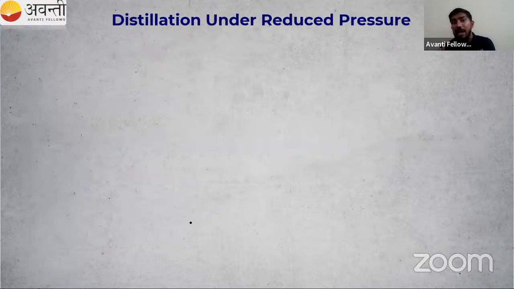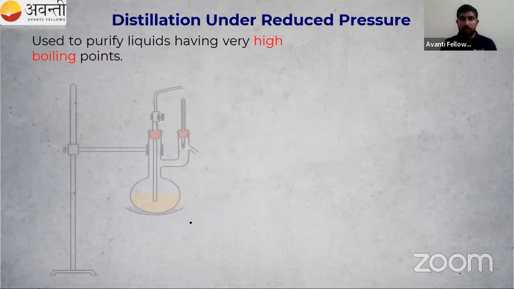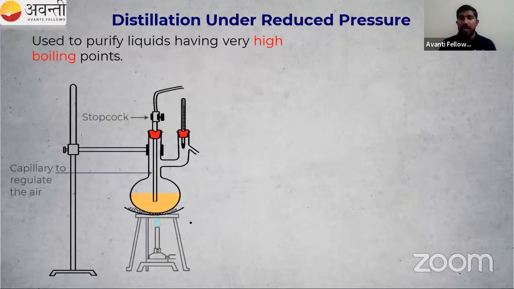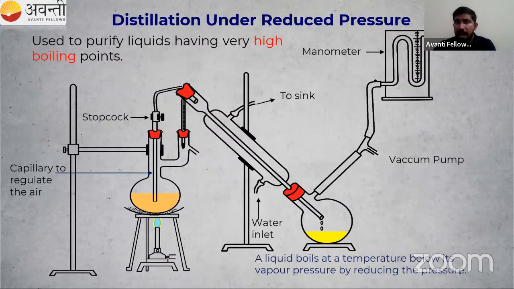So what is next? That is distillation under reduced pressure. Reduced pressure means we are decreasing the pressure, right? So when will we use this one? It is used to purify liquids having a very high boiling point. So look at the apparatus here. Here I have a vacuum pump. Why vacuum pump?